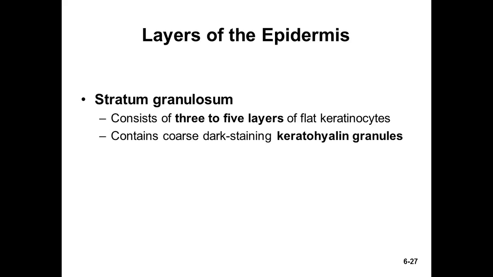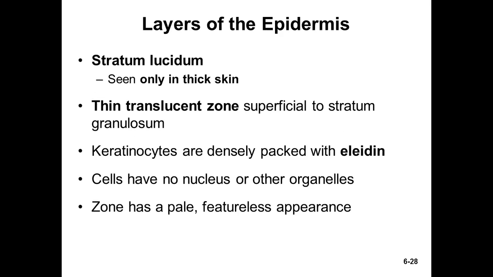This particular layer promotes dehydration. Here the nucleus is going to disintegrate, and the cells are going to eventually die. And this one is more common in thick skin than in thin skin.